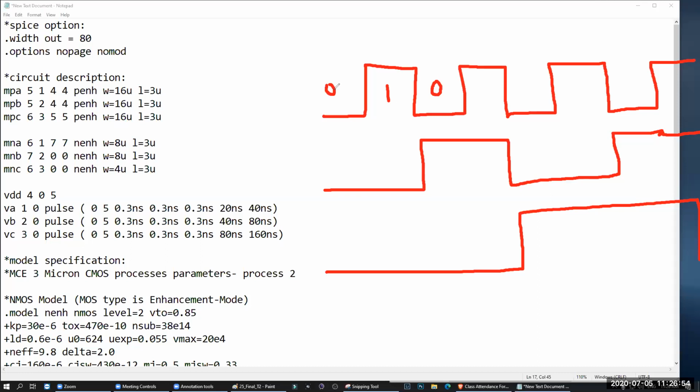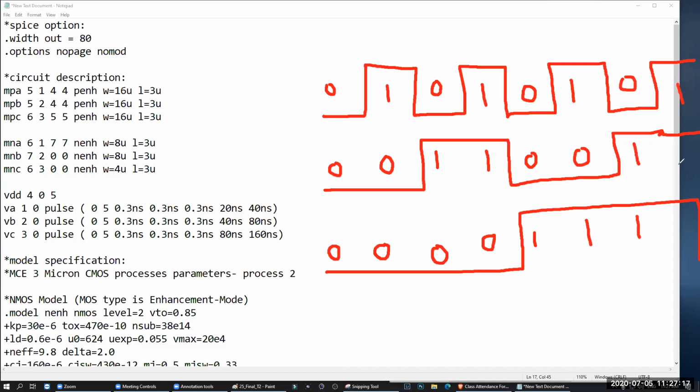Now what we are seeing: 0 0 0, 1 0 0, 0 1 0, 1 1 0, 0 0 1, 1 0 1, 0 1 1, 1 1 1. We are seeing all combinations, right? We can see all combinations if we do this. If we double our timing, we can see all of those.